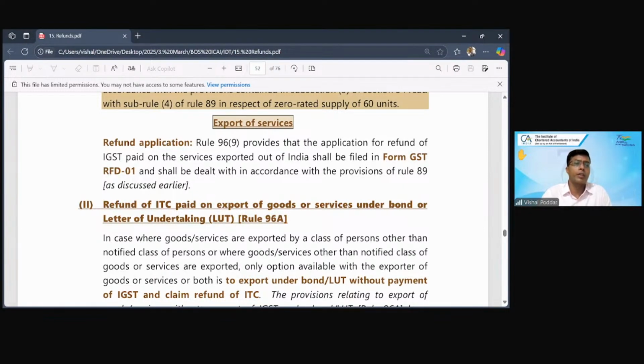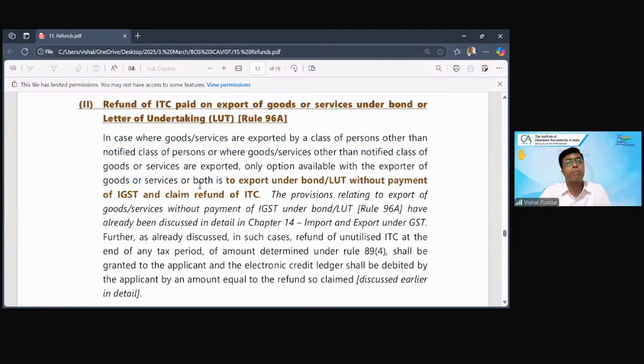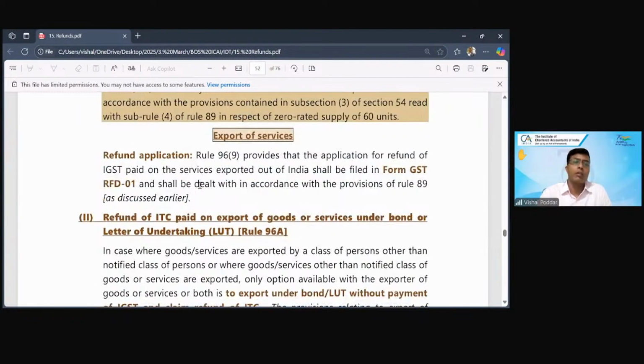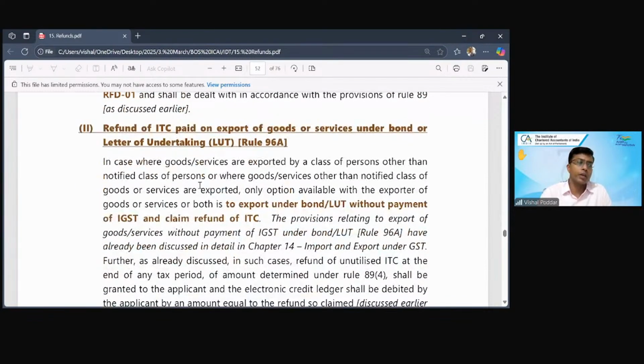You were getting refund in case of goods because customs was involved. Since in case of service customs is not involved, you will not get the refund of this export of service, even though it is with payment of tax. So whenever you are exporting service, even with payment of tax option, you still have to file the RFD01 application. So all this is about refund under the first option, that is, with payment of IGST option.